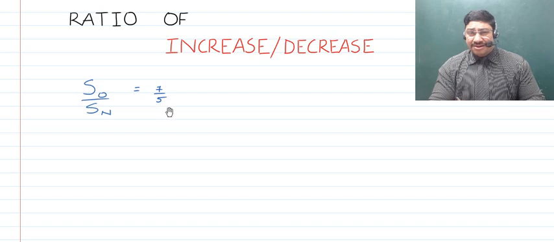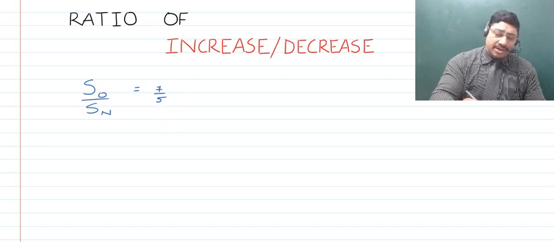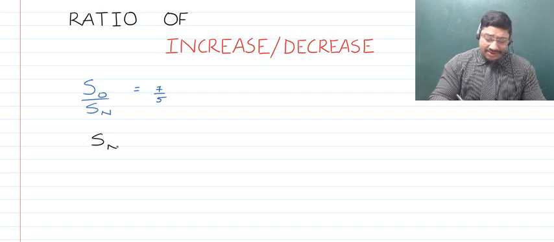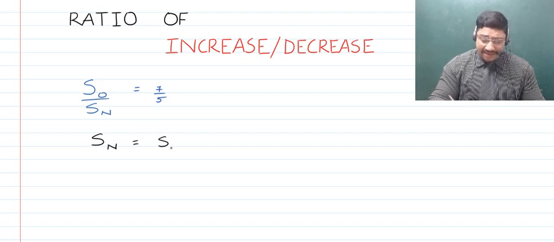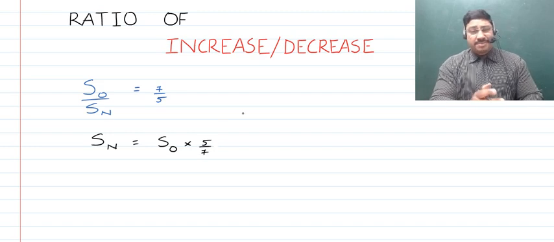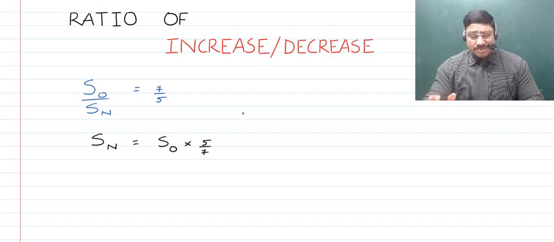If we are to calculate the new salary, what will we do? We make the new salary the subject of the equation, take the ratio to the other side, and then the old salary gets multiplied by 5/7, when 5 and 7 are cross multiplied to the other side to give us the new salary.